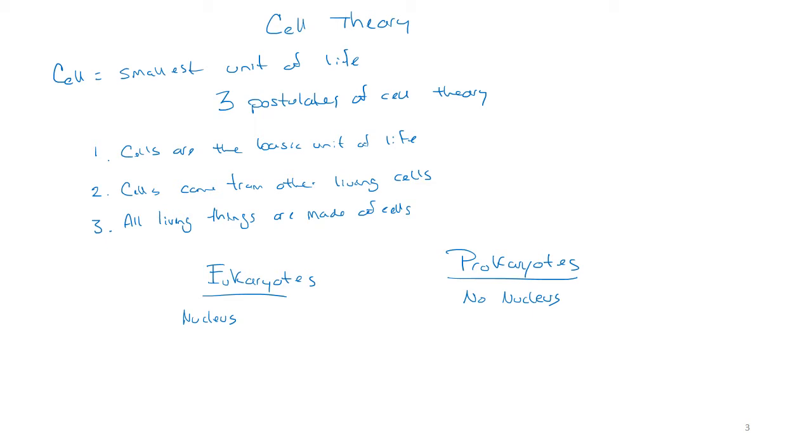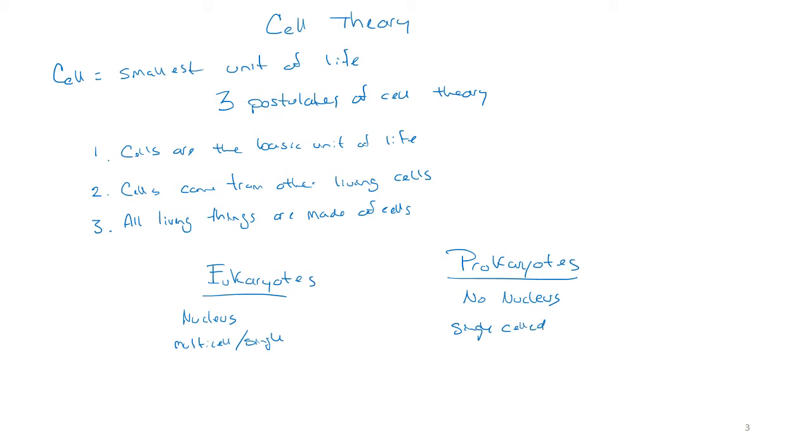And then we could say eukaryotes are usually multicellular, or maybe single-celled, whereas prokaryotes are almost always single-celled, or unicellular.